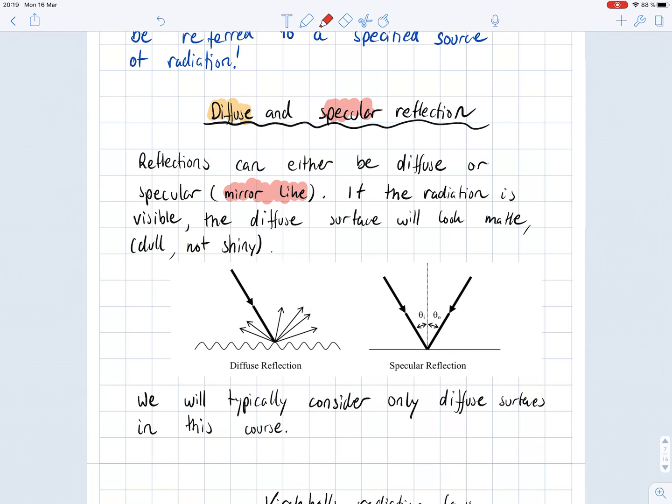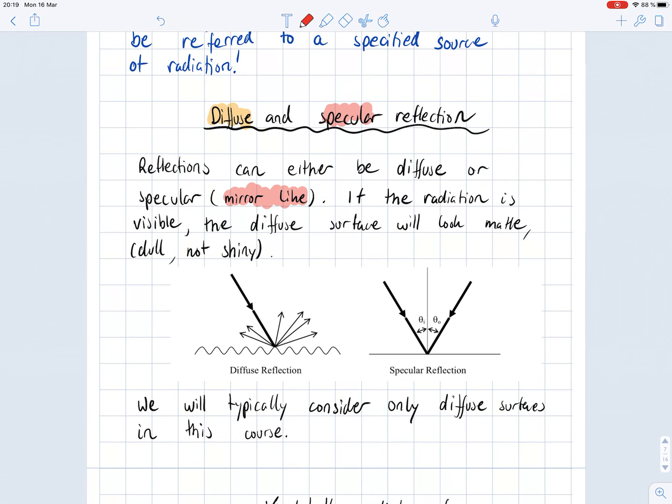The difference between them is quite important, because if you have a specular reflection, you will have an incoming ray of light, and that will be reflected with a given outgoing angle. So this is theta incoming and theta outgoing, and this is typically what you see in high school optics.